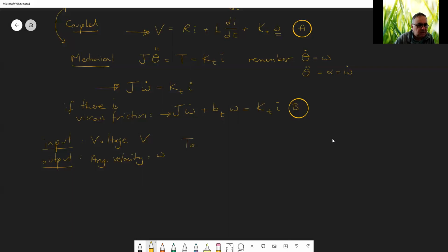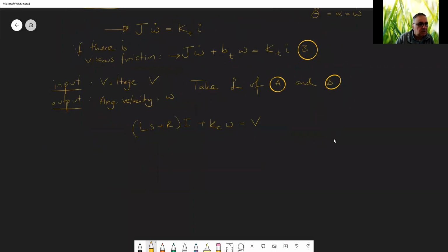So what we do is take the Laplace transform of equations A and B, and what we get will be (Ls plus R) I plus Ke times omega equals V. That's one thing.